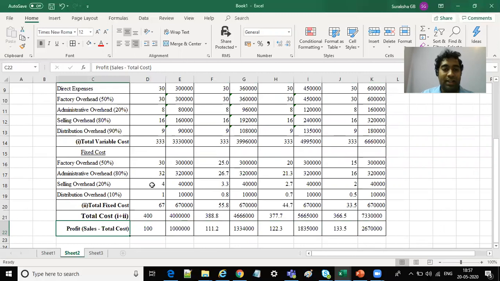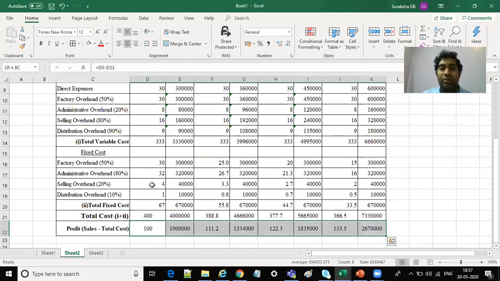Now, what is the interpretation of this? The interpretation of the results or the profit is: at 10,000 units, if a firm is producing 10,000 units, the firm will make a profit of 100 rupees per unit. If a firm is producing 12,000 units, it will make a profit of 111.2 rupees per unit.